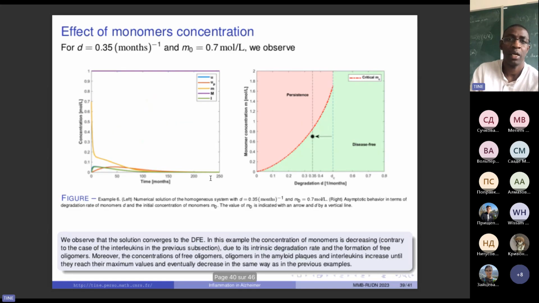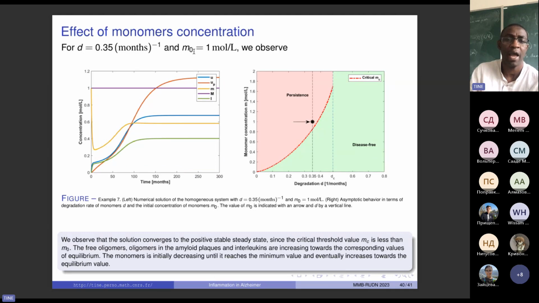And when we increase again the value of M naught, going from 0.7 to 1, with the same critical value of D, we obtain a different diagram. When we look at the dynamics of the concentrations, we do not converge toward the disease-free state, toward zero.